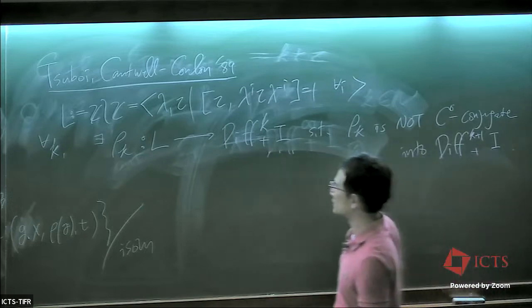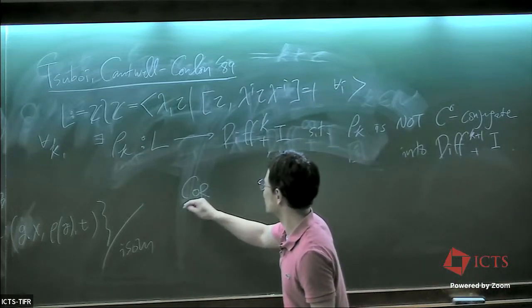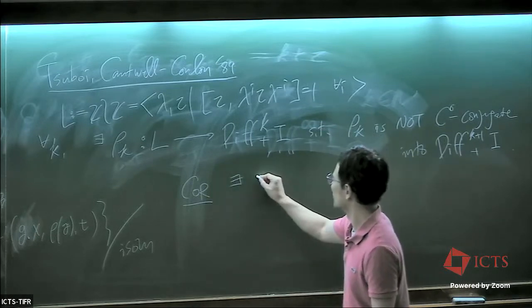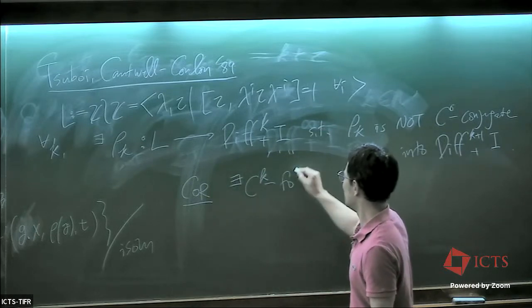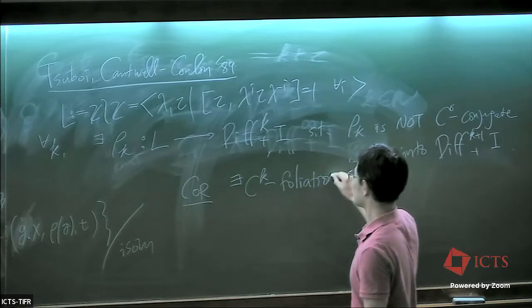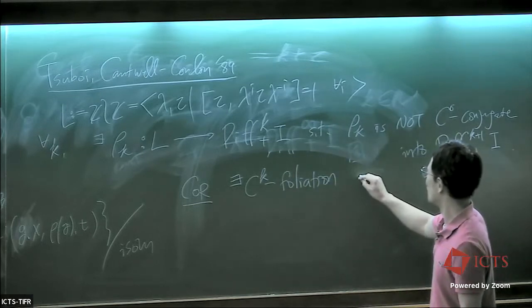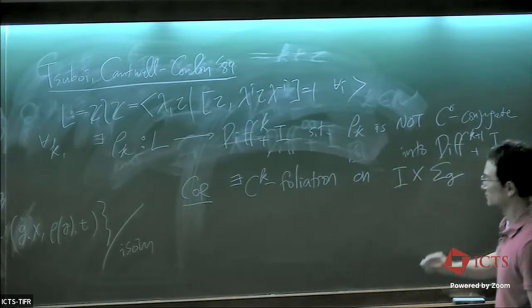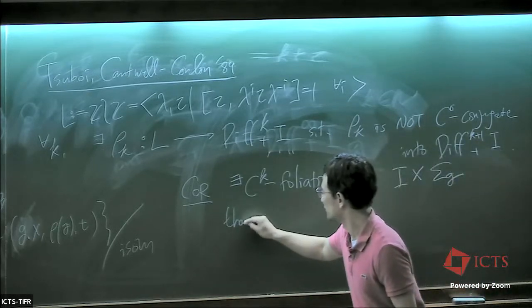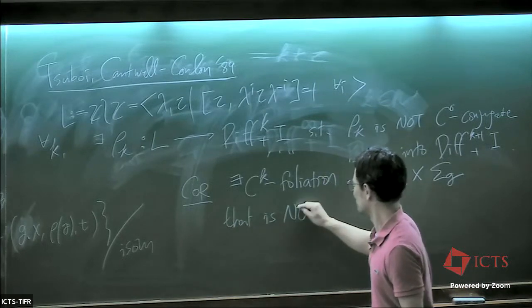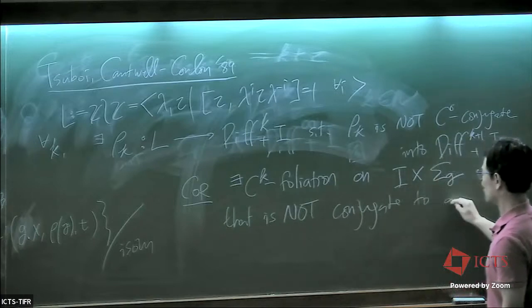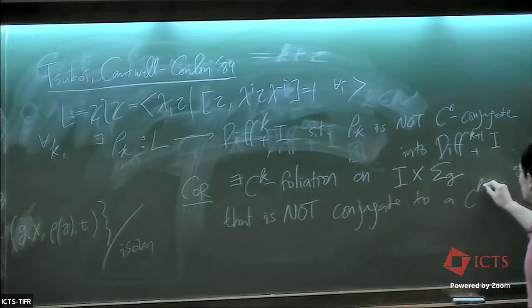But the reason why they considered it is that using this, they were able to construct a C^k foliation on an I bundle that is not conjugate to a C^(k+1) foliation structure.